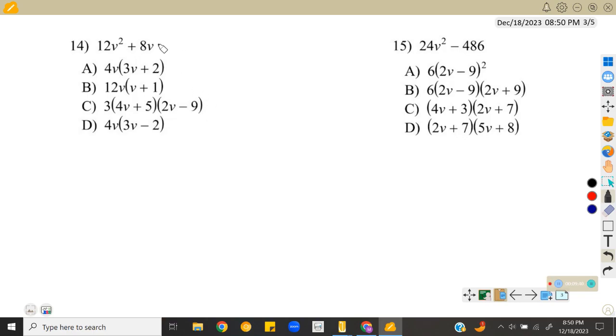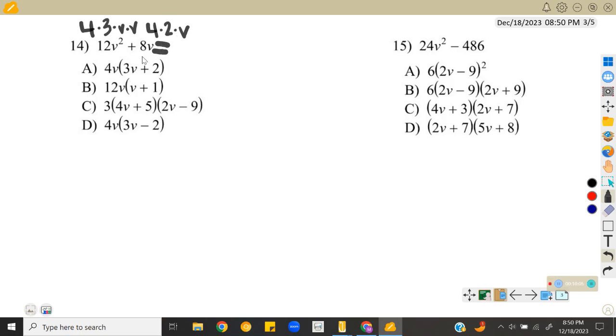What you should think in terms of this one is just a pretty straightforward factoring skill: what common factors do we have in these terms? 12v squared is equal to 4 times 3 times v times v. And 8v is equal to 4 times 2 times v.